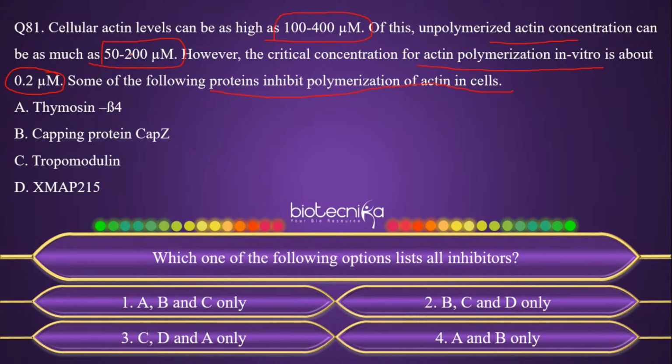See, whatever numbers they have shown over here are just to mislead you. Actually, you have to find out what these proteins are. Among these four options, which protein is responsible for inhibiting the polymerization of actin?